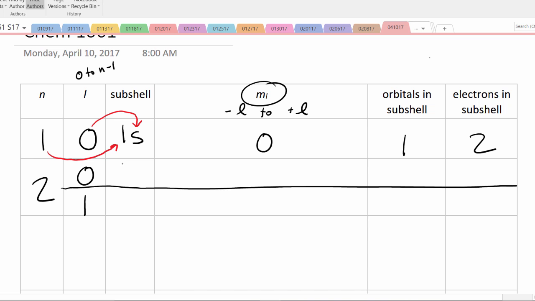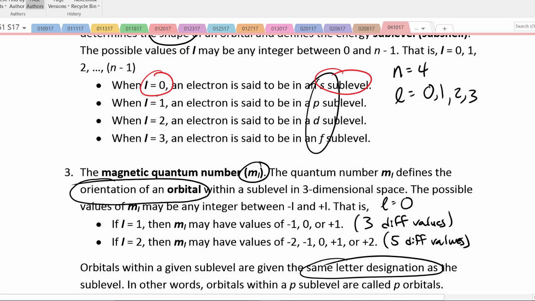If we want to give a subshell notation, this first one right here would be labeled as 2s. This one here would be labeled as 2p. And it's 2p because we say that when L is equal to 1, then we have a p sublevel.